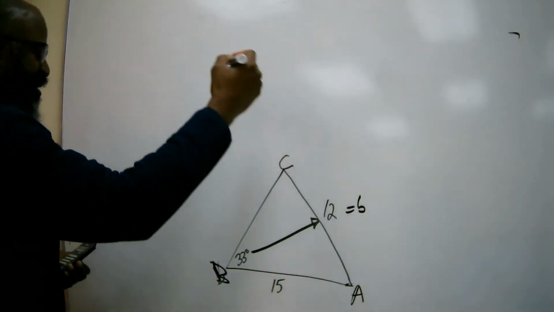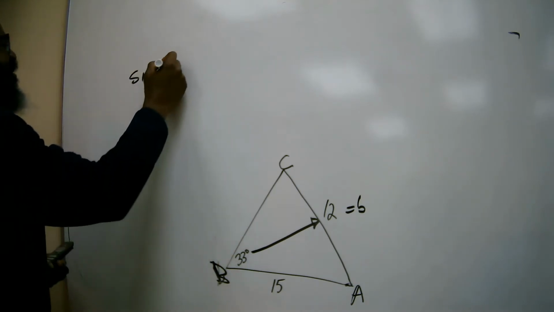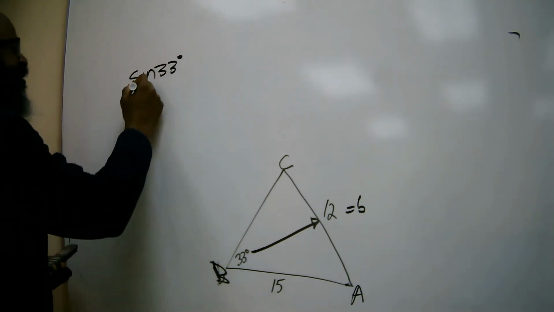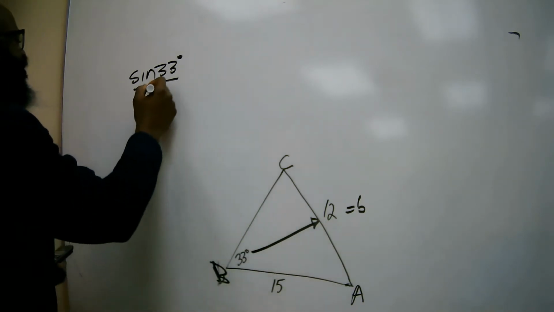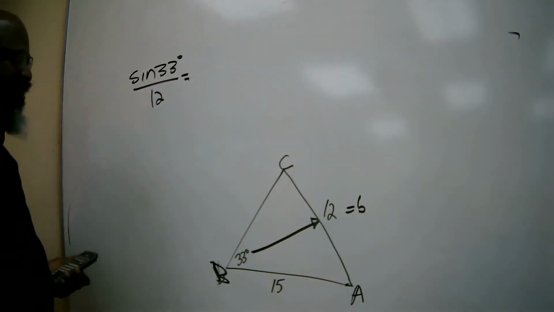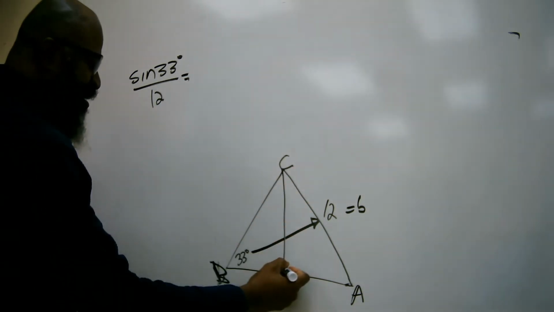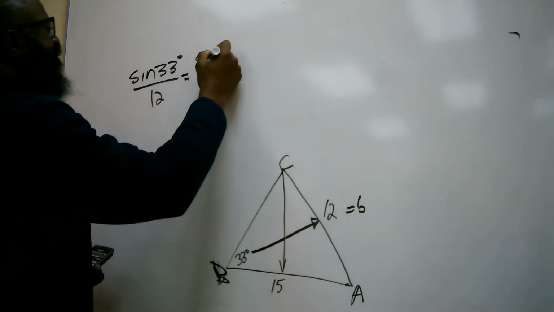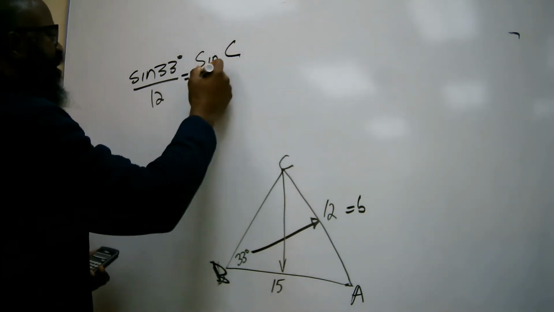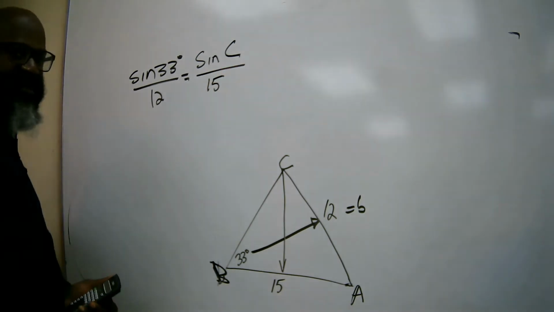Right. And that will be sine B, which is 33 degrees, over 12, which is your scale factor. Now you can find any other angle. Then that will be sine C over 15. Okay, that is the first equation.